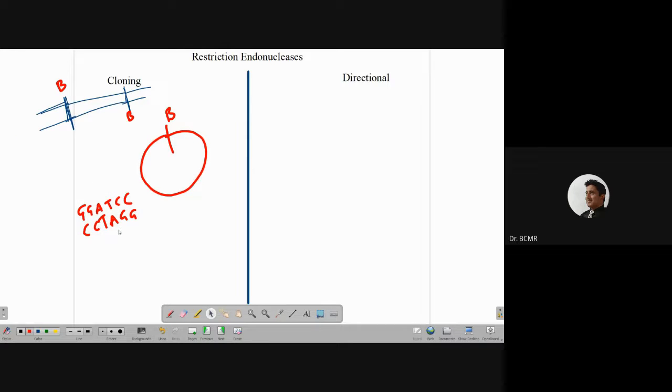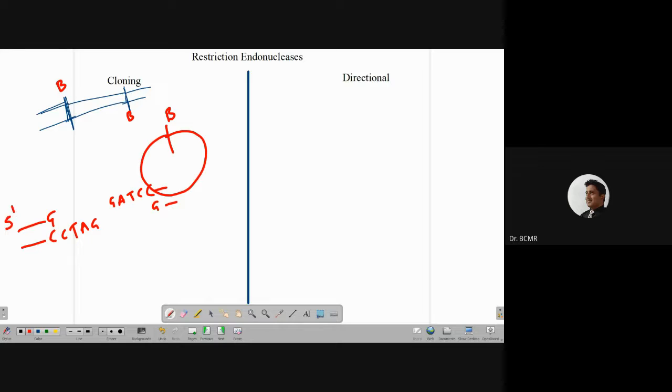Upon restriction digestion, this is how the DNA would have been fragmented by the restriction endonuclease, and it is going to leave overhangs.